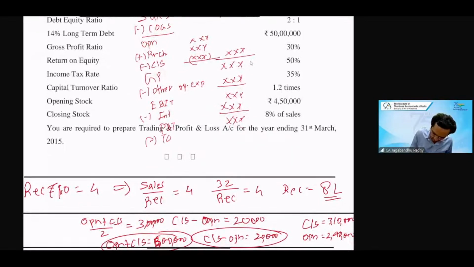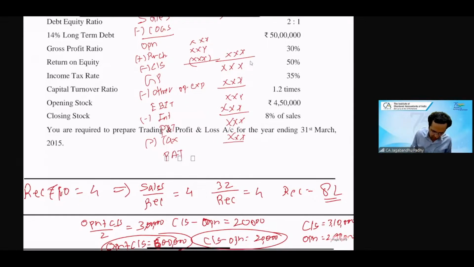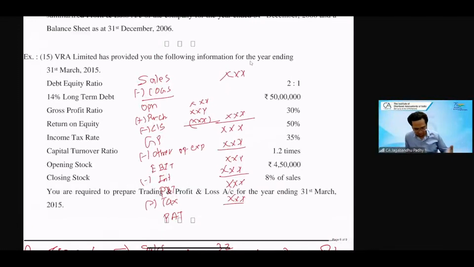From that, you will reduce the tax to arrive at profit after tax. Now, of course, there is no mention of preference shares. Otherwise, you would have taken that part also. Okay, so the format is in front of you. Would you like to solve this question on your own? Yes. Great.